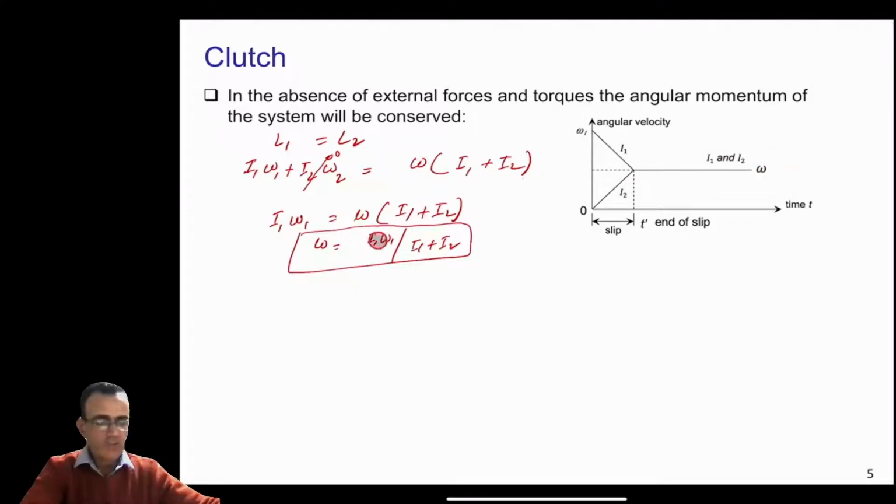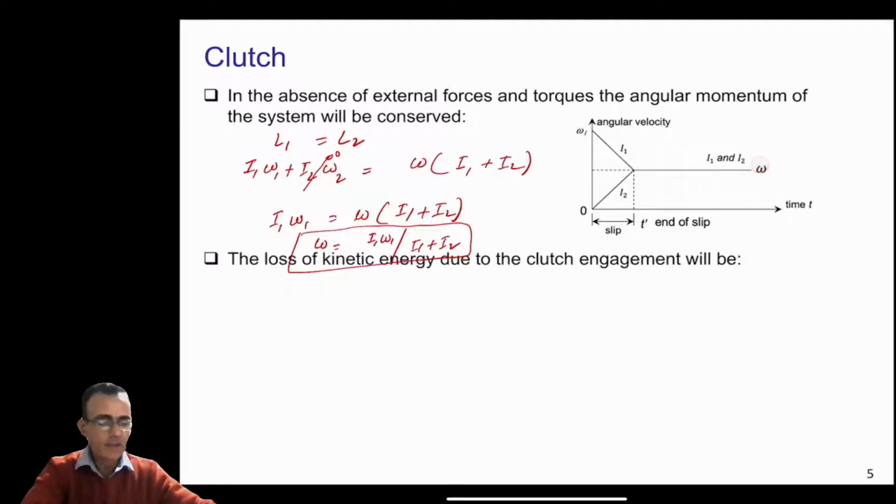If you know omega 1 and the moment of inertia of the two flywheels, you can calculate this common angular velocity of the system. Here we also want to calculate the kinetic energy loss due to the clutch engagement.